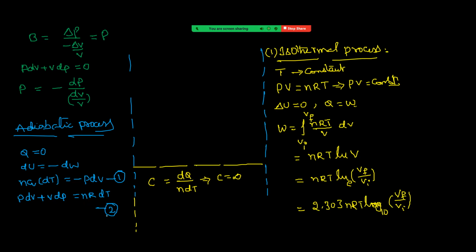So I'm taking from equation 2 the value of dT and substituting that in equation 1. See carefully, in equation 1 it is n Cv, in the place of dT, (P dV plus V dP) upon nR, that is equal to minus P dV.